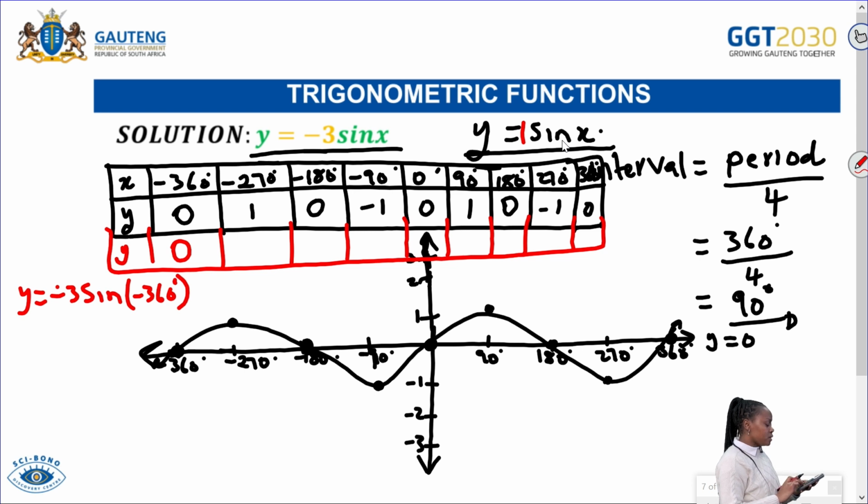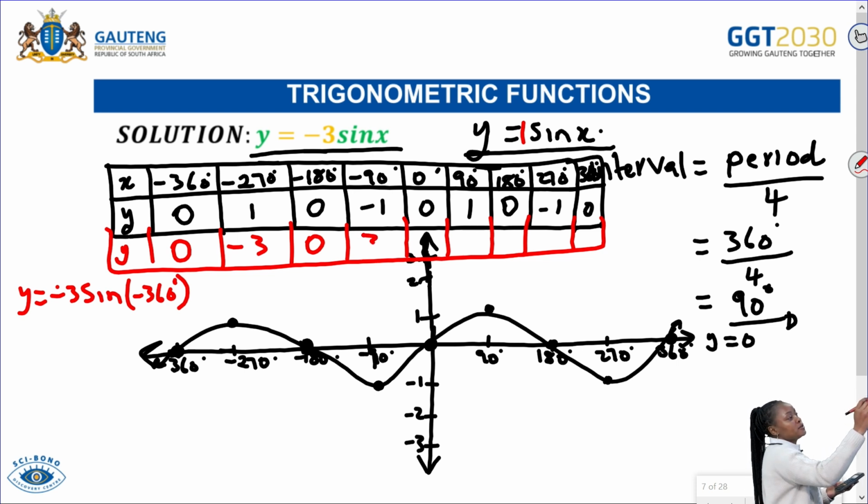Then at negative 270, it's going to be negative 3. And then at negative 180, it's going to be 0. And then at negative 90, it is going to be positive 3.